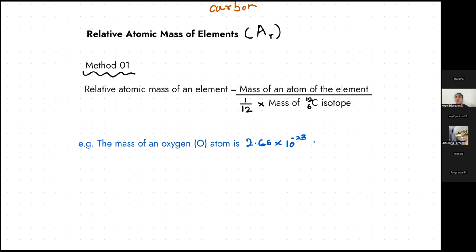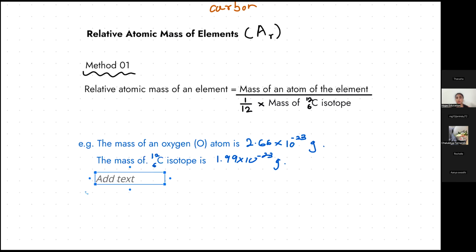You don't have to memorize these values; these are too complicated, so they will give them to you. The mass of a carbon-12 isotope is 1.99 into 10 to the power minus 23 grams. Find the relative atomic mass of oxygen.